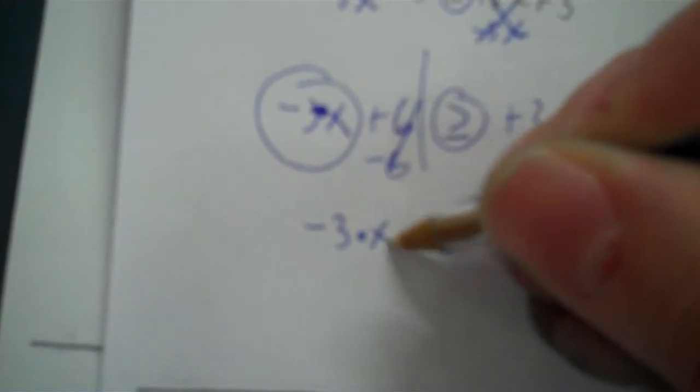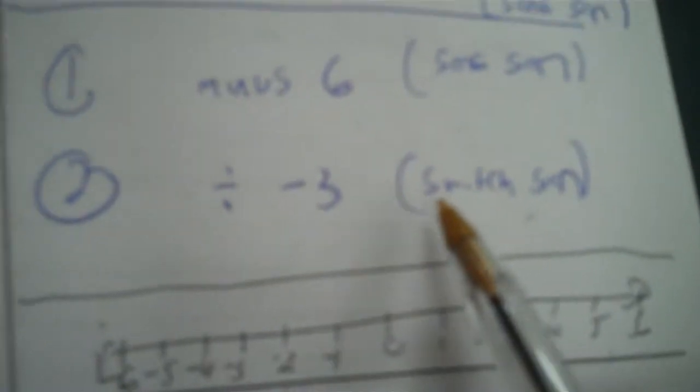Okay, now execute these, so same sign. Get rid of your plus 6 with minus 6. So we have negative 3 times x, and then 3 minus 6 is going to be negative 3. Now, before we divide, we have to switch the sign, because we have a division with a negative.